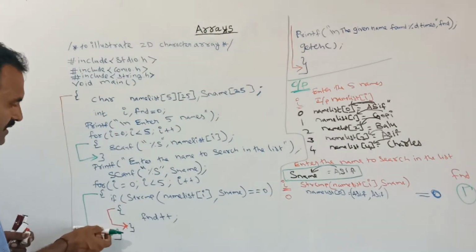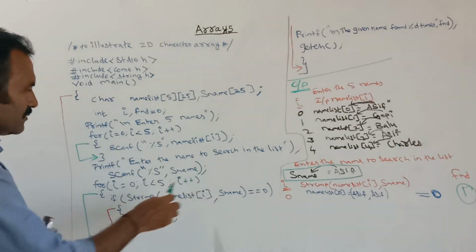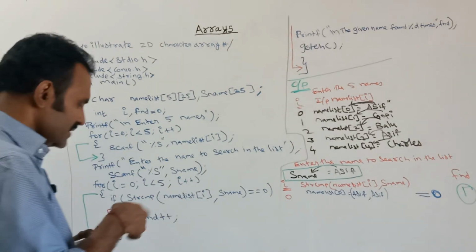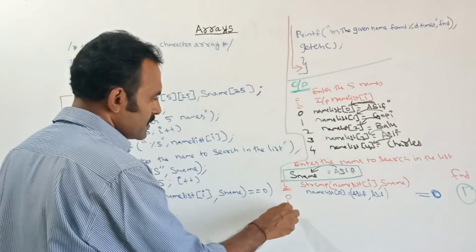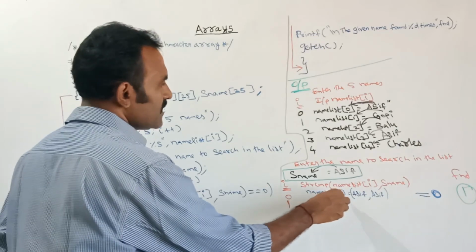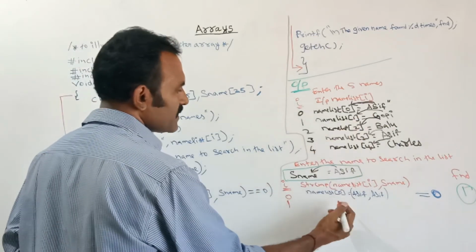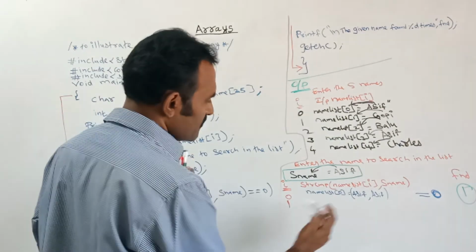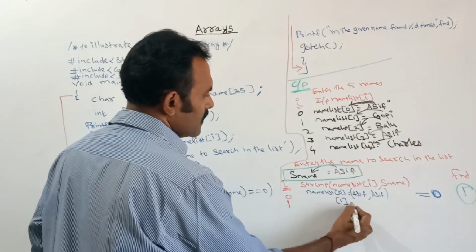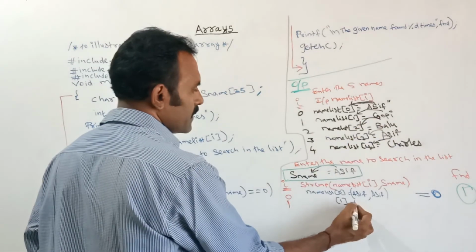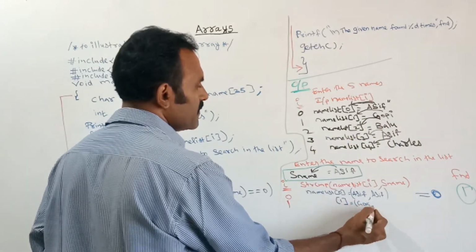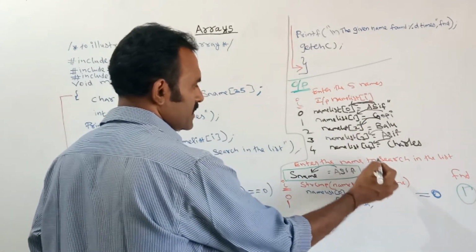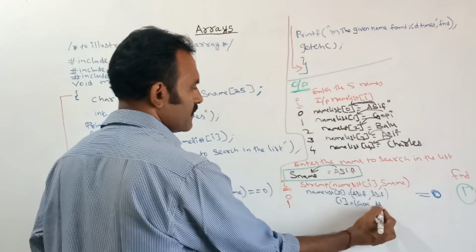After finishing the condition, the i value will be incremented. Now the i value is 1. In a similar way, it will check name list of first position. What is the value there? Name list of first position is Gopi. It compares Gopi with sname, which is Asif.